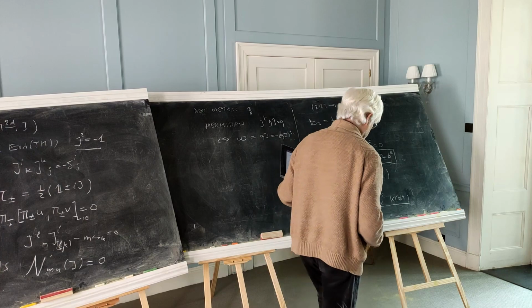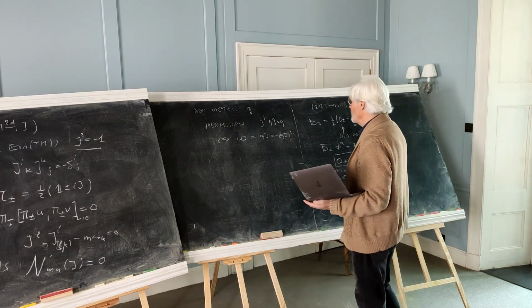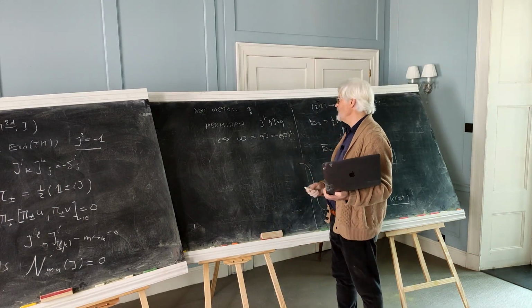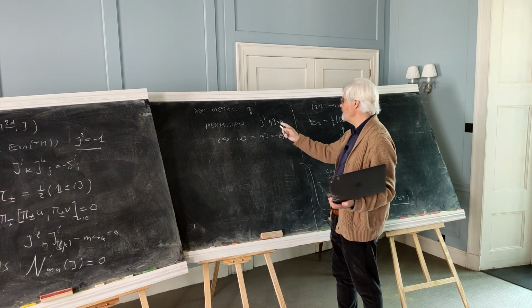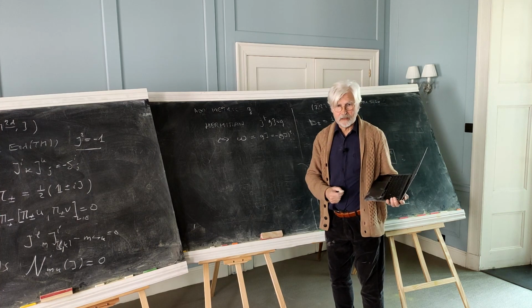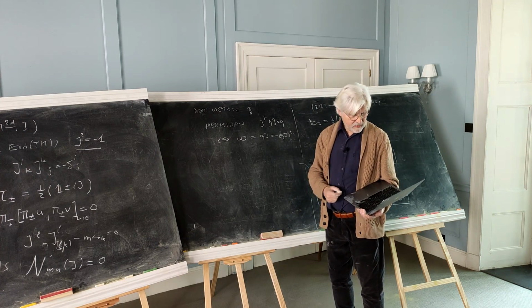So there is a two form, which is antisymmetric, which comes when you have a G and a complex structure.